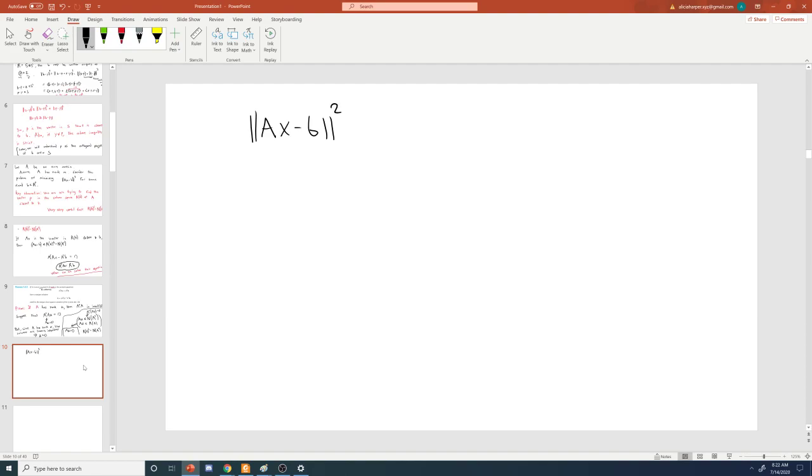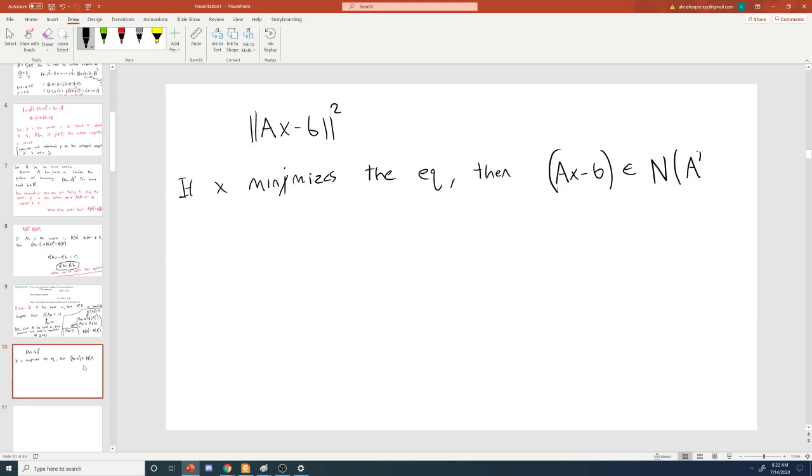And we showed that if such x minimizes this equation, then Ax minus b has to live in the null space of A transpose.